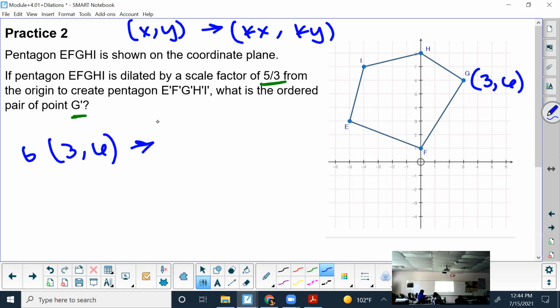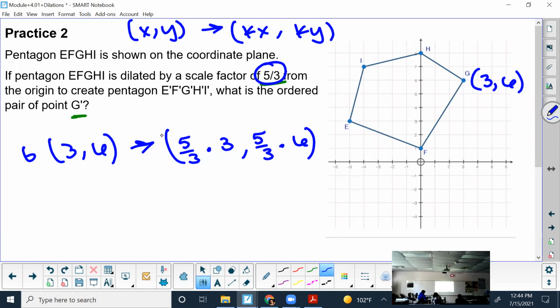Did it tell us what the scale factor is? Yes, it explicitly says it right here. Sorry, I didn't mean to cross it out. So I'm going to put 5/3 times my x value, comma, 5/3 times my y value. If you're good at fractions, great.